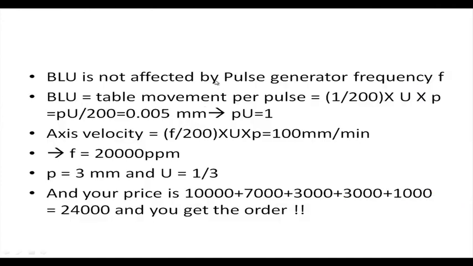So, first of all, as we have discussed in 2 previous questions, basic length unit is not affected by pulse generator frequency. So, basic length unit, let us calculate it.